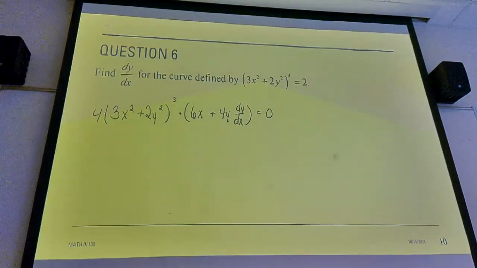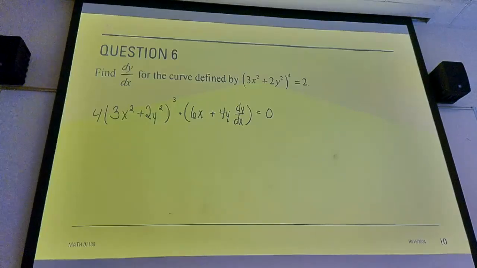Try simplifying it. How? I wasn't sure, that's why I jumped right to it. Can we just multiply it out, make it look really ugly, and then isolate it? You can. Can we just divide by 4 times 3x squared plus 2y squared to the third?